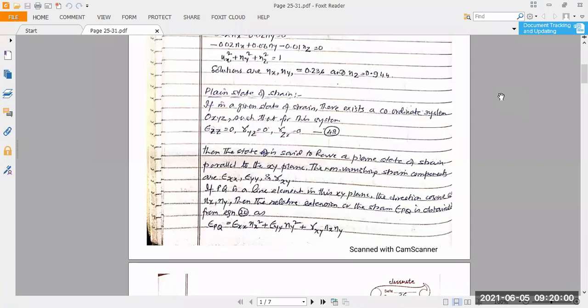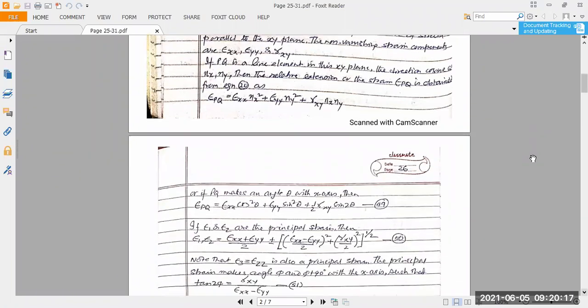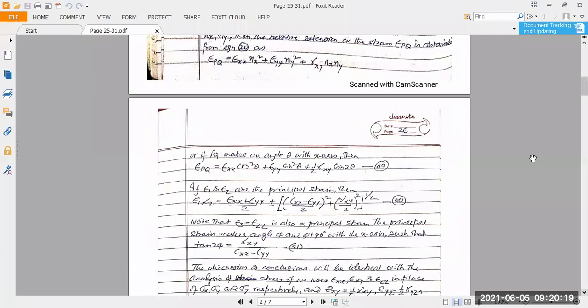So that equation now reduces to epsilon xx nx square plus epsilon yy ny square plus gamma xy nx ny. Thus, if PQ makes an angle theta with the x-axis, then what will be epsilon PQ?